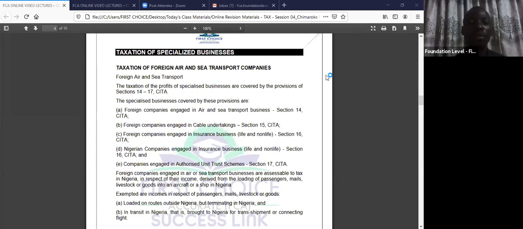Now, according to the Company Income Tax Act, there are certain businesses that are classified as special businesses under Section 14 down to Section 17. It includes companies engaged in air and sea businesses. These are foreign companies engaged in air and sea business.